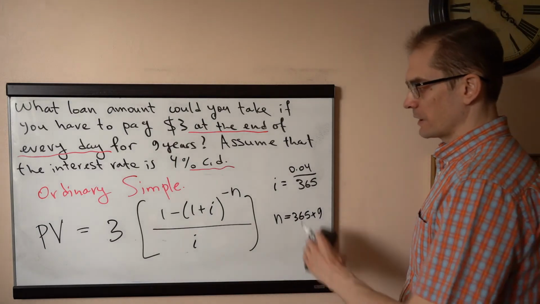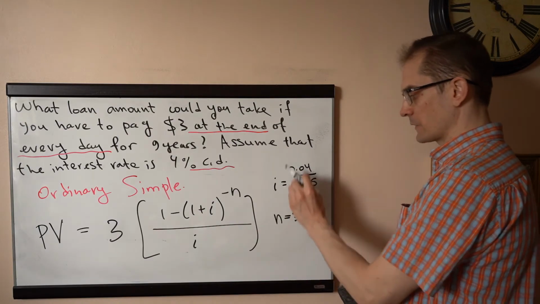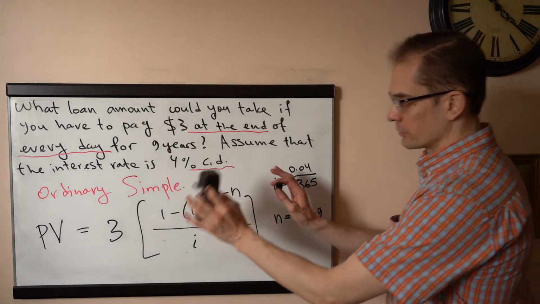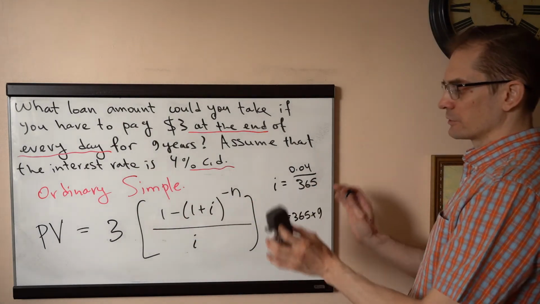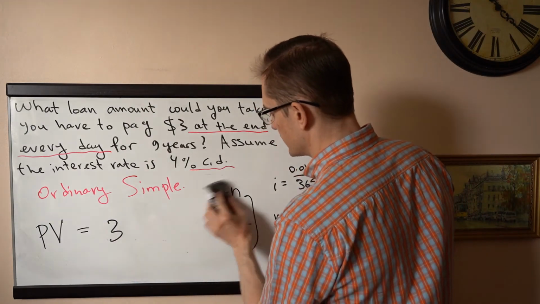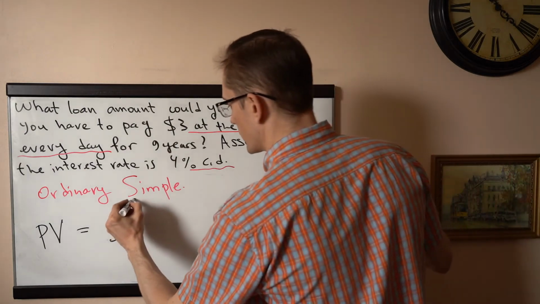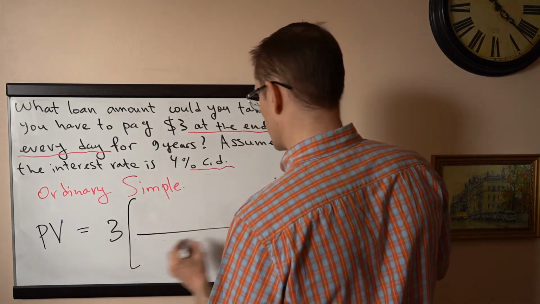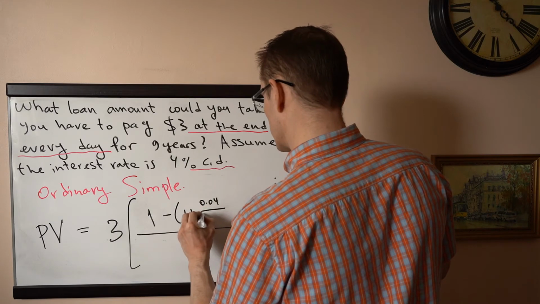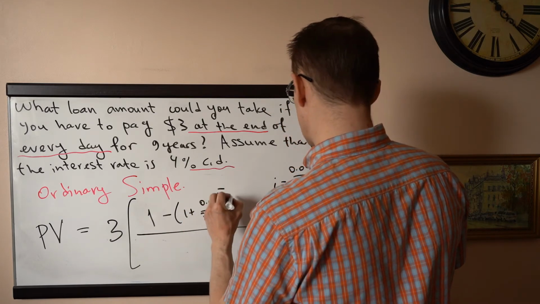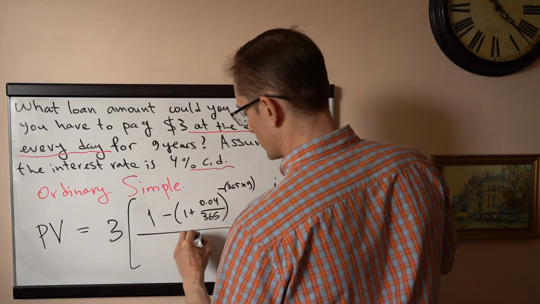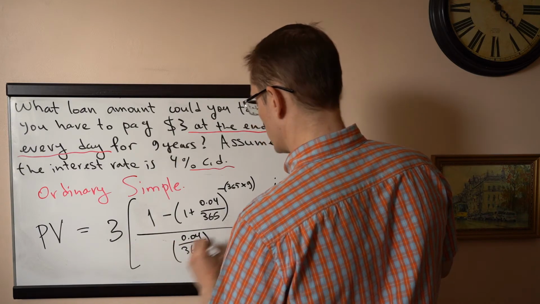So if I put all that in, I can calculate these separately and then calculate this present value, but just for you to see it all completed and also to get used to that level of complexity, let's put things into this formula and see how it will look after we put all these numbers in. $3 times 1 minus (1 plus 0.04 divided by 365) to the power minus 365 times 9, over 0.04 divided by 365.